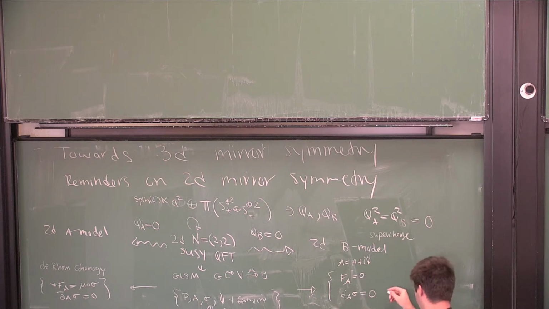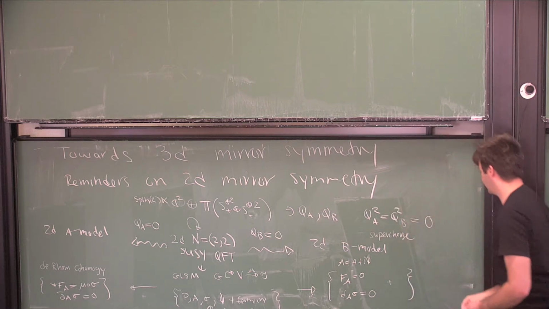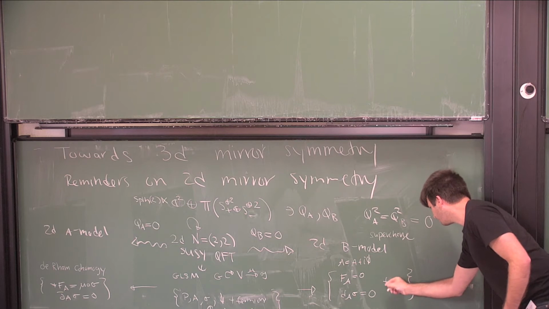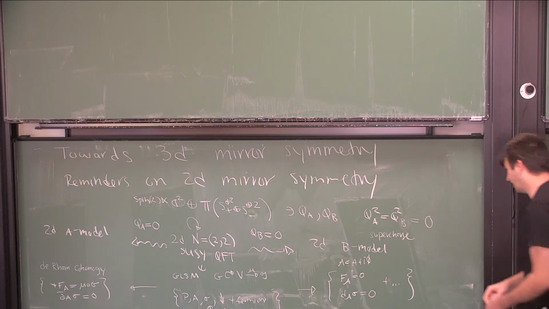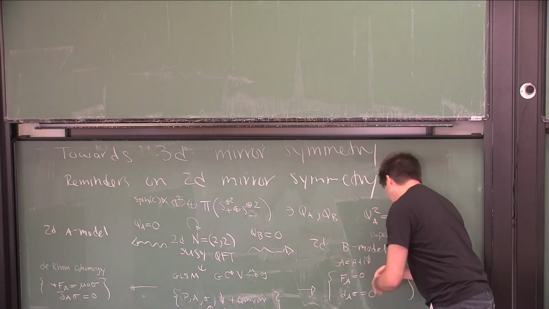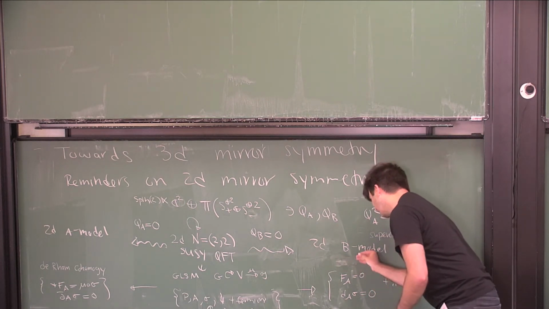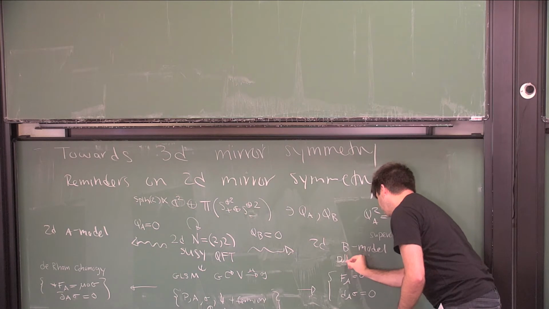And then there's one extra term, which will end up being a stability parameter, which isn't that important for what I'm going to do. And then if you keep track of the fermions, you learn that you're supposed to take Dolbeault cohomology of this whole thing.